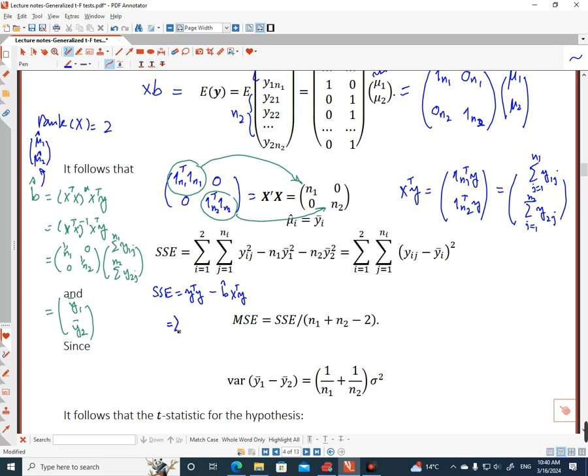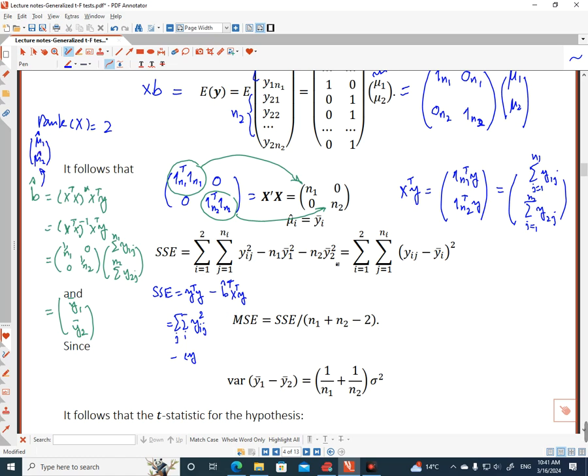The sum of all elements, we have two summations over i and j, power 2. Sorry, it must be transpose. So b hat transpose X prime y. So I write it here, minus the b hat.